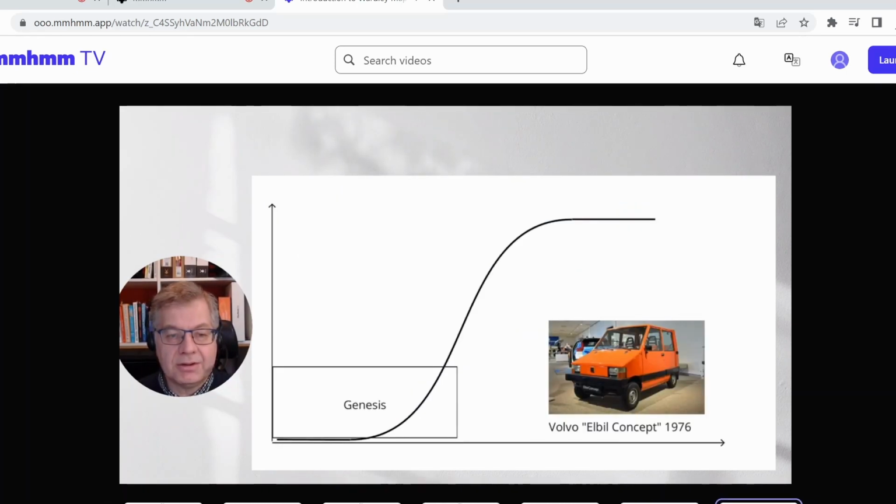So, taking the electric car industry as an example, Volvo made this creatively named car concept called Elbil in 1976. This falls clearly in the genesis stage. The car was much of a compromise in many areas, in range, in size, in comfort and price.